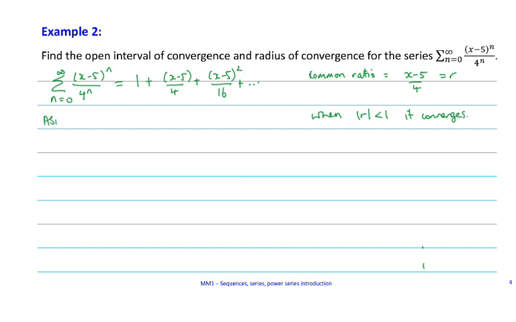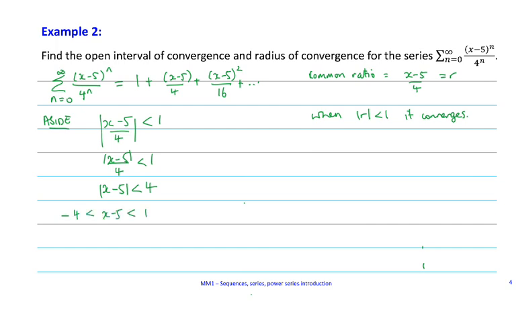So as an aside, we have |x minus 5| over 4 is less than 1. Now 4 doesn't change, so we have |x minus 5| less than 4. So we've got minus 4 is less than x minus 5.